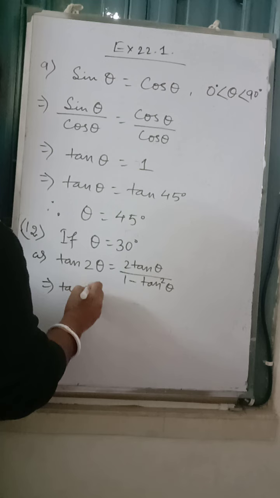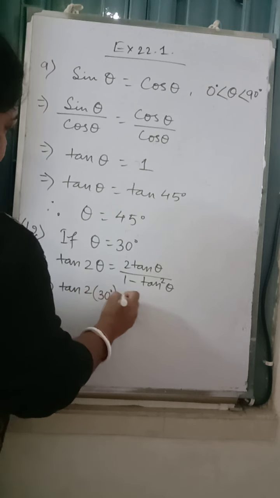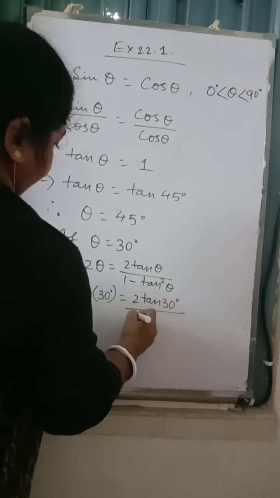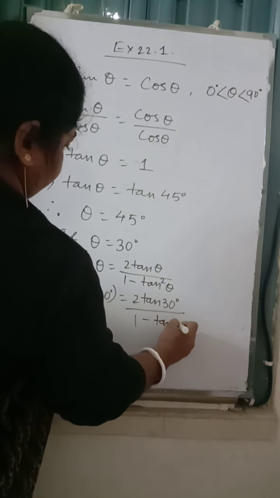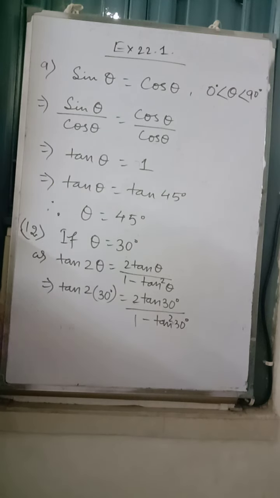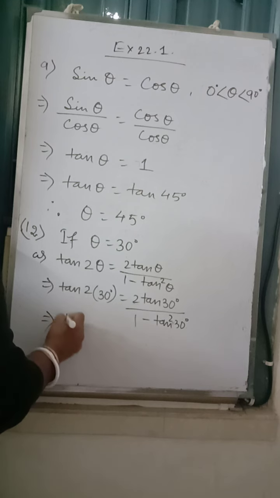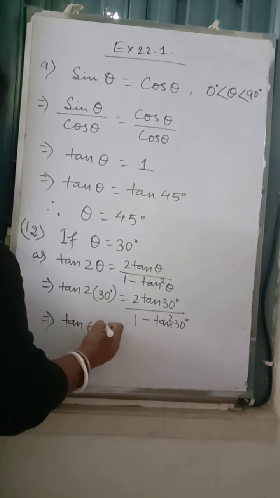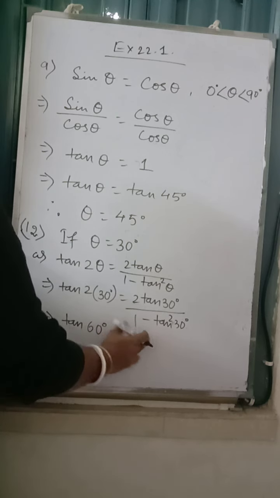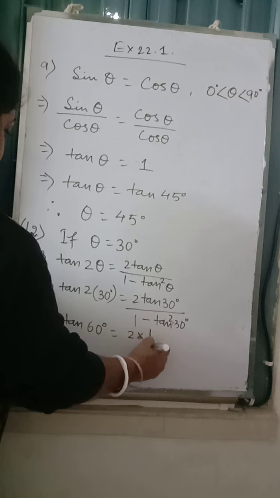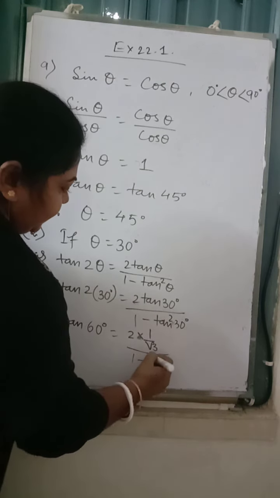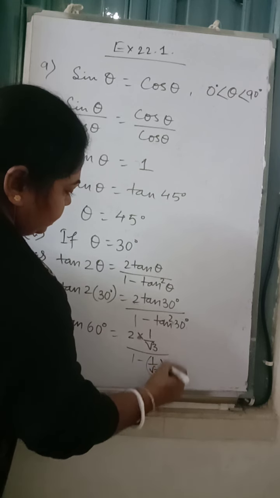Now tan 2 into 30 degree is equal to 2 into tan 30 degree by 1 minus tan square 30 degree. Now tan 60 degree is equal to 2, tan 30 degree value is 1 by root 3, down 1 minus 1 by root 3 whole square.